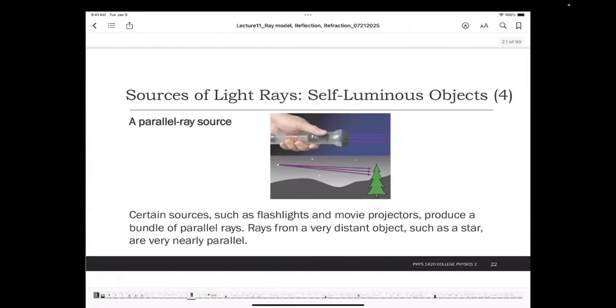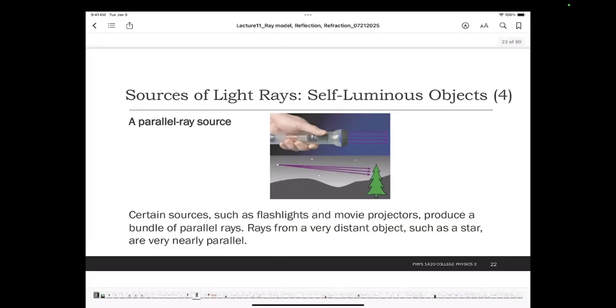Also, there is another source we call a parallel ray source. Certain sources, such as flashlights and movie projectors, produce a bundle of parallel rays. Rays from a very distant object, such as a star, are very nearly parallel.